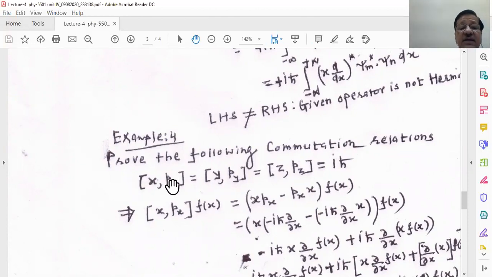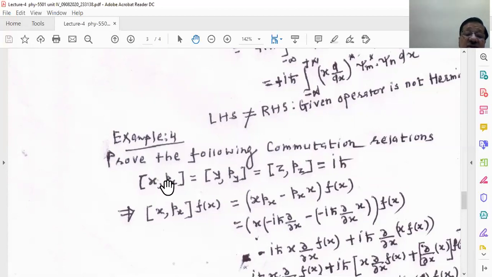Here I consider the commutator of x with px. I told you that x does not commute with px, and if x does not commute with px, then this commutator is non-zero. We want to find the value of that commutator, and it is always equal to iħ.